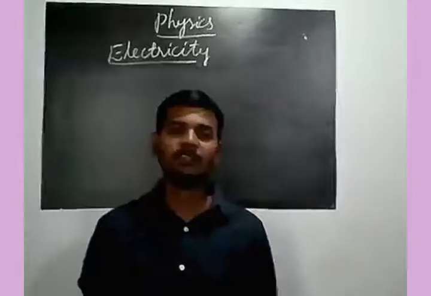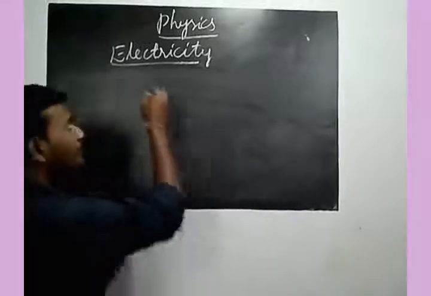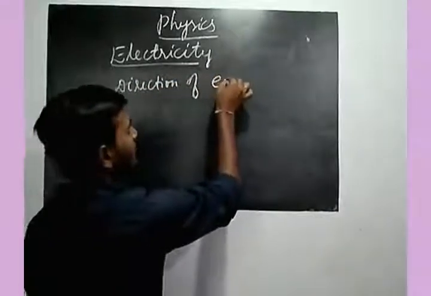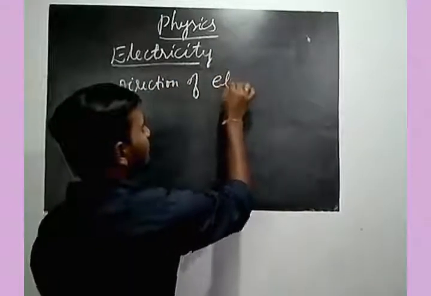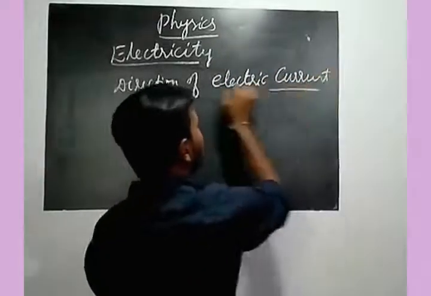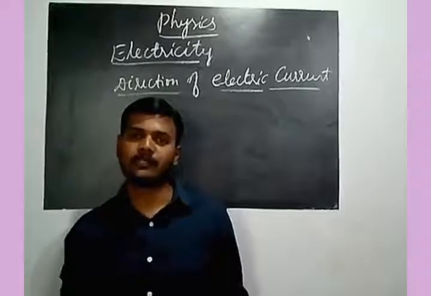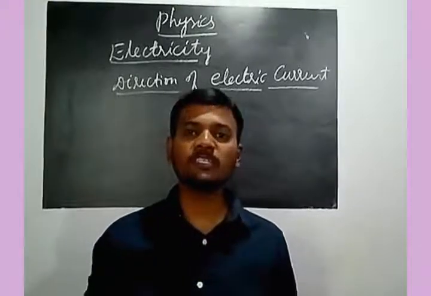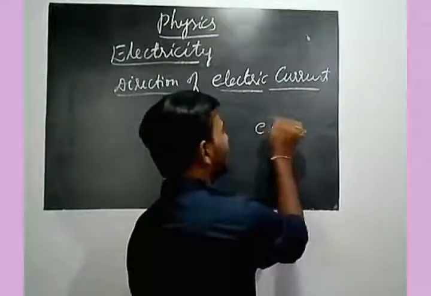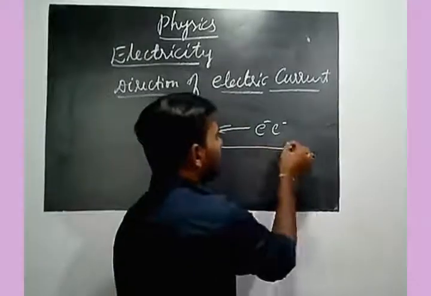Now let us discuss the direction of flow of electric current. In a conductor, the electric current flows in a direction opposite to the direction of flow of electrons. If the electrons are moving in this direction, the current flows in the opposite direction.